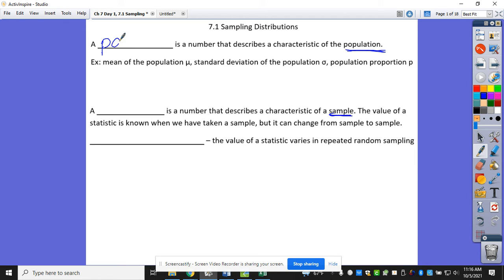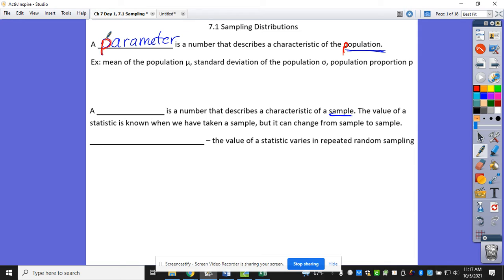This one is a parameter. So a parameter is a number that describes the population. So for instance, mu is population mean. So whatever your value for mu is a parameter.